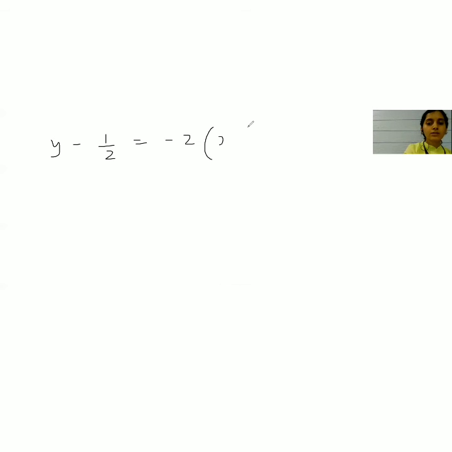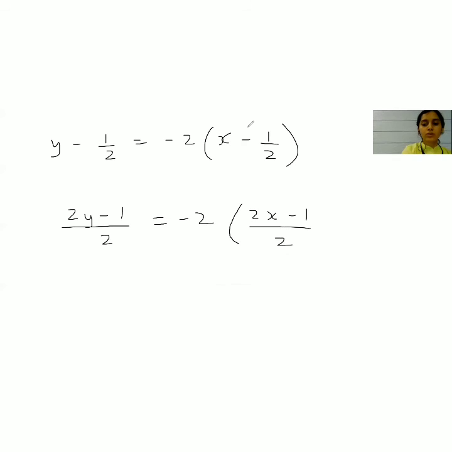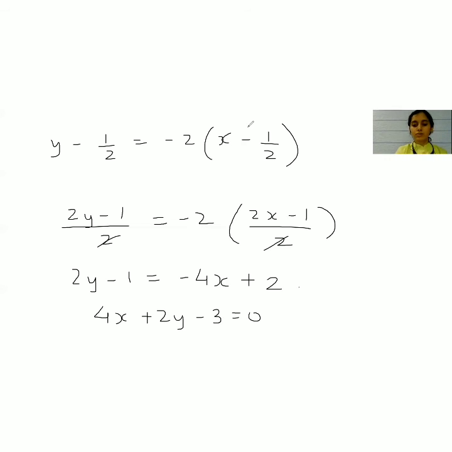Minus 2 into x minus half, right? So 2y minus 1 upon 2 is equal to minus 2 into 2x minus 1 upon 2. This will cancel on both sides. We'll have 2y minus 1 is equal to minus 4x, minus into minus plus 2. Okay, so we have 4x plus 2y minus 1 minus 2 is minus 3 equal to 0. This is equation of your tangent.